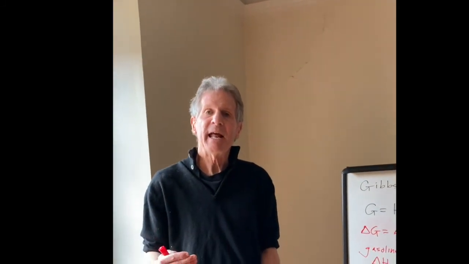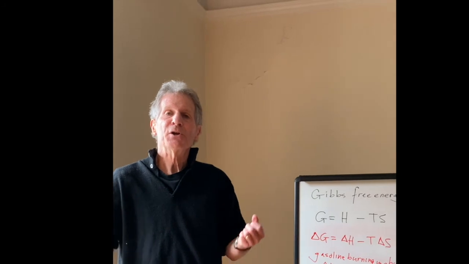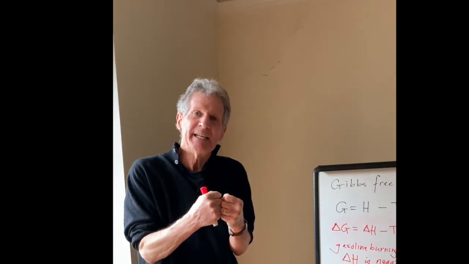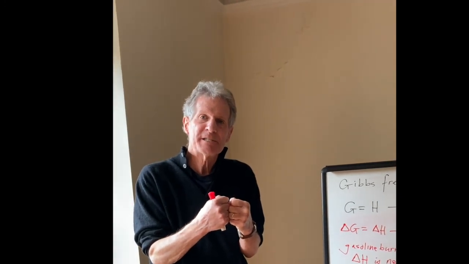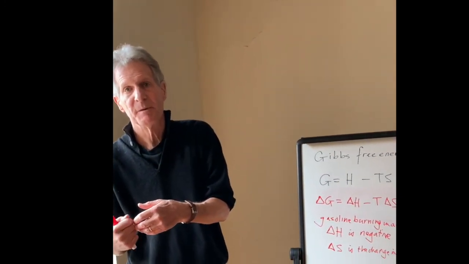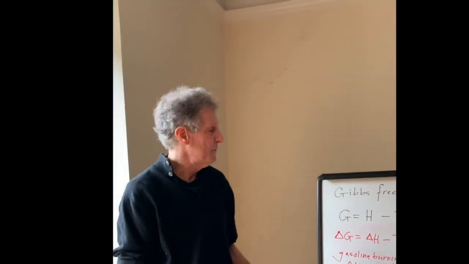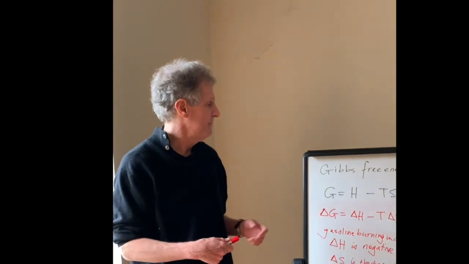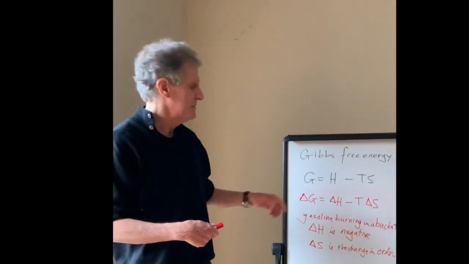That would be an energy uphill reaction. You are taking energy from the universe and packing it into the chemical system consisting of hydrogen molecules and oxygen molecules. That would be an energy uphill reaction if the delta G is positive.